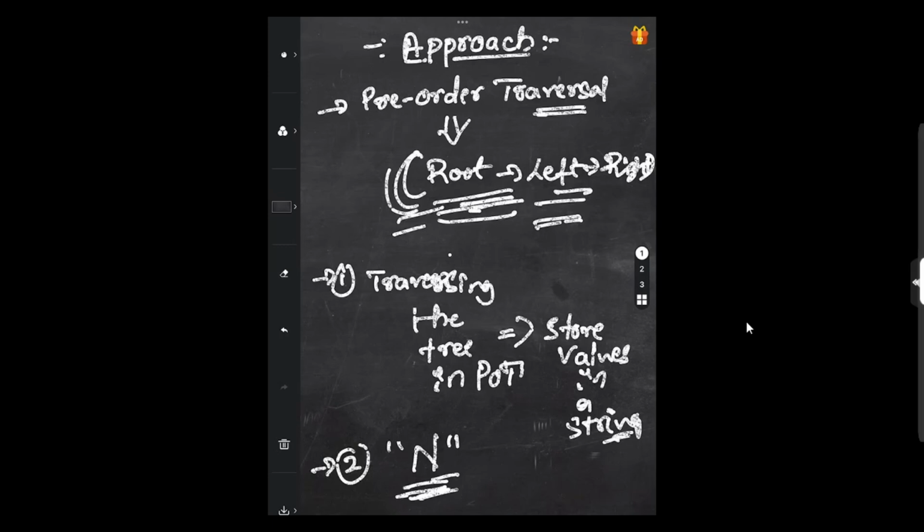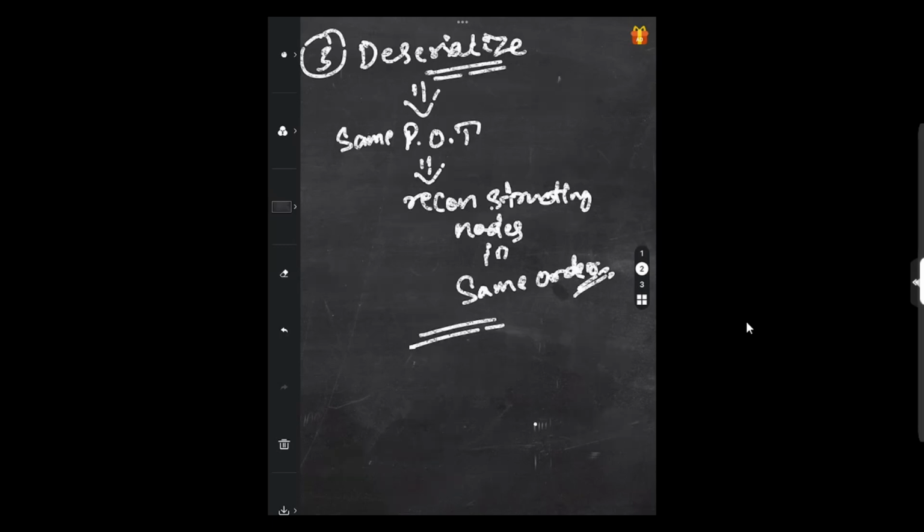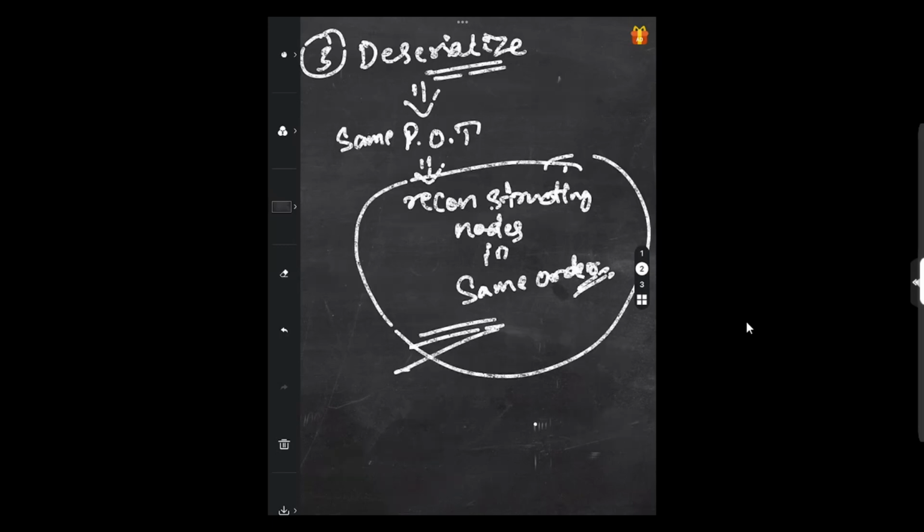The second step is, if a node is null, we are storing n to preserve the structure. In the question they have mentioned we have to preserve the structure of the tree during serializing and deserializing. And finally, to deserialize, we use the same pre-order traversal, reconstructing the nodes in the same order.